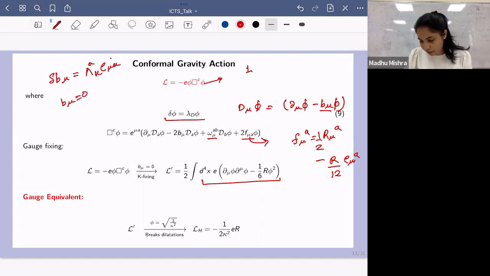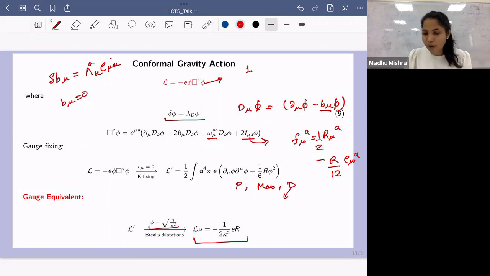And hence we have this action, which has local translation symmetry, Lorentz transformation, as well as dilatation. Now to break the dilatation, we will fix the scalar field to some constant. Once we do that, we obtain this Einstein-Hilbert action.